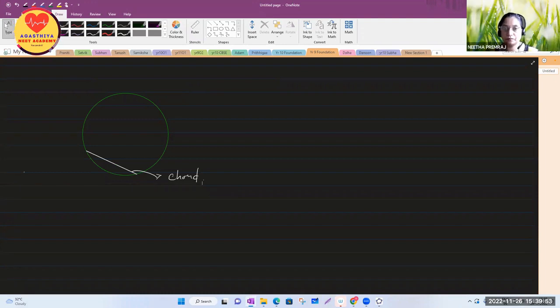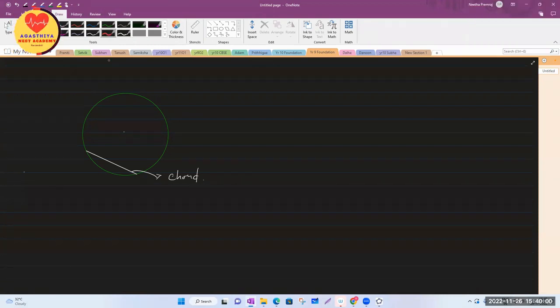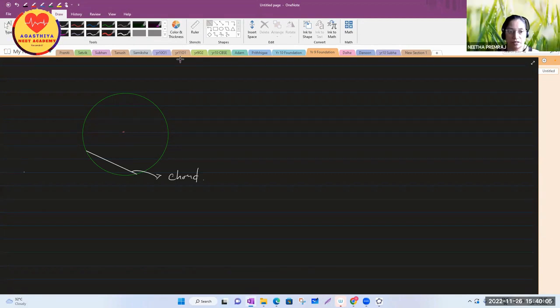That is the diameter, isn't it? The diameter is the chord through the center. This is the maximum length of the chord. Maximum length of the chord equals diameter, or greatest chord is diameter. Whichever way you would like to say it.